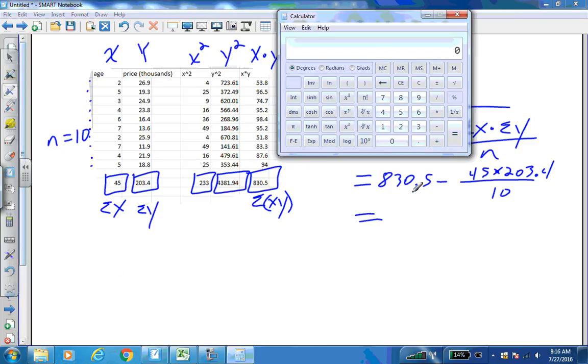So pull the calculator out. Order of operations, we need to multiply the numerator and then divide by 10. So 45 times 203.4 divided by 10 is 915.3.